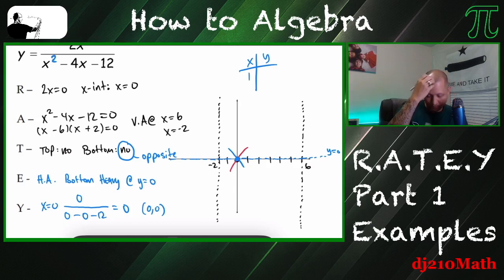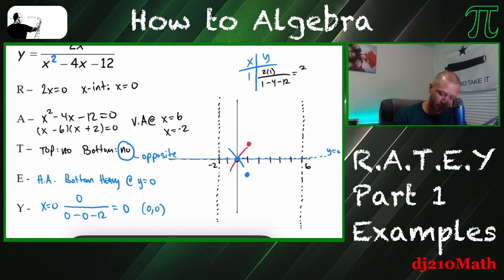When x is 1, if the value of y is positive, then I know that the graph will be up here, and it'll be the red line. Now, if I plug in 1 and I get a negative value, then I know that the graph will be below the x-axis, and it'll be the blue line. So let's see. When x is 1, we're going to get 2 times 1 over 1 squared minus 4 times 1 minus 12.